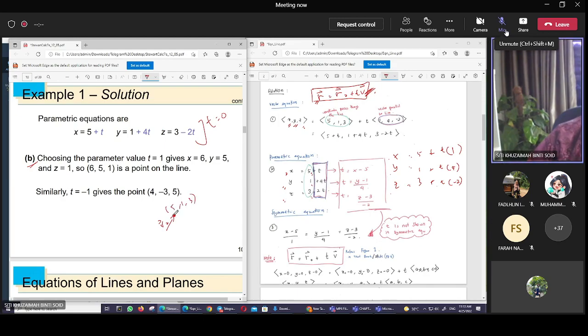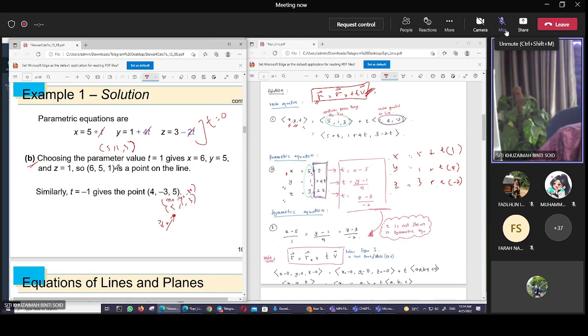It starts at the point x0, y0, z0, and when t is 0 it goes to x, y, z. So 5, 1, 3, right? This is what we get when t is 0.